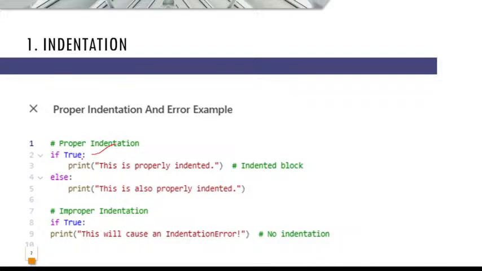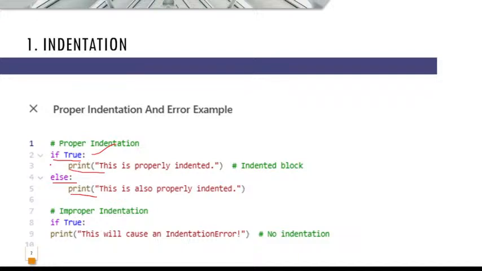So this is the proper indentation, where if true is something, and then after spacing, this print is written, and then the else. So this is the if else condition, and this is the way it is written: if true then print, and this.